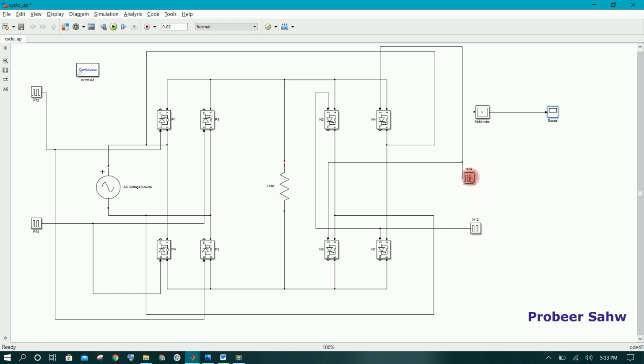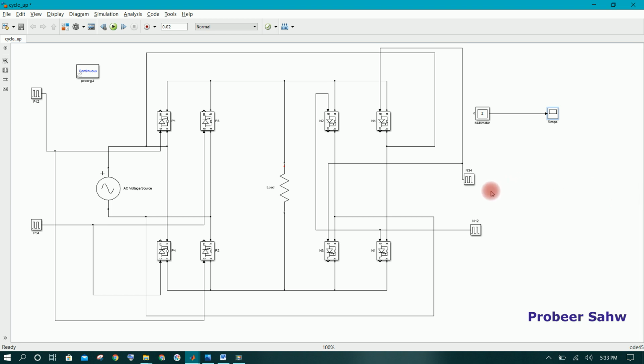So what we can do is create a subsystem of these 4 pulse generators. So the first step is to keep all the pulse generators close to each other. Just drag them.